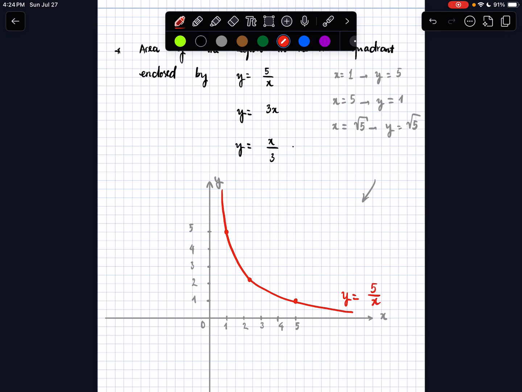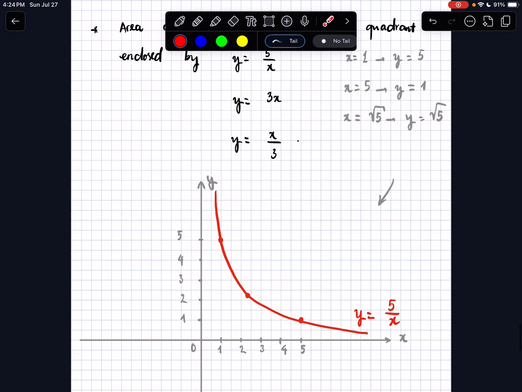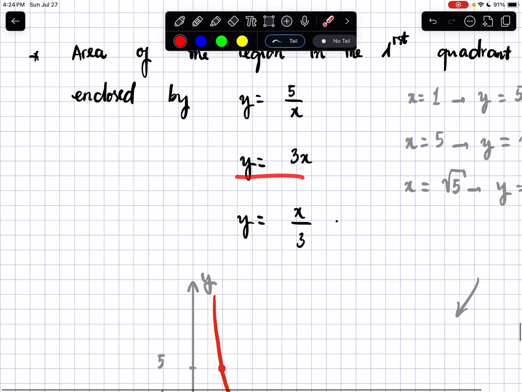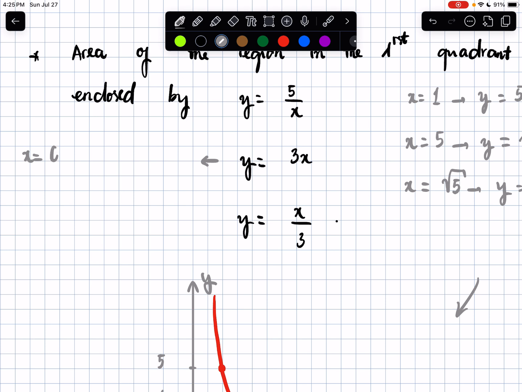The two other curves are actually easier. These are the equations of lines. So for the second curve, we just need to determine 2 points on the line. x equal to 0, then y equals 0, so the origin is on this line.